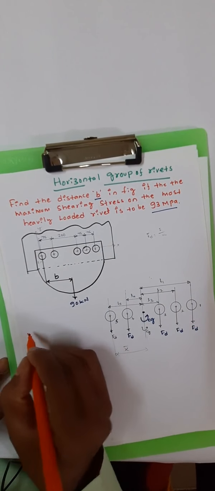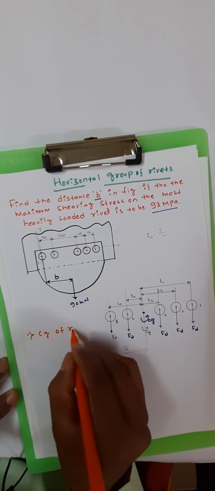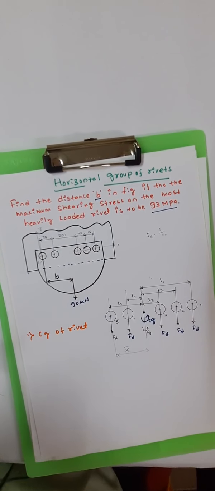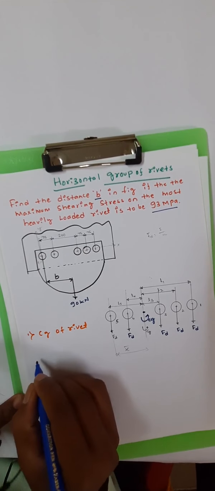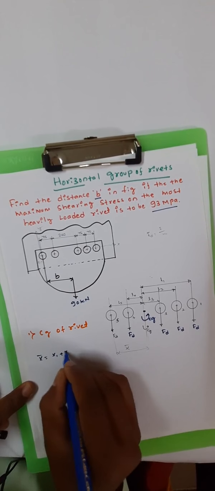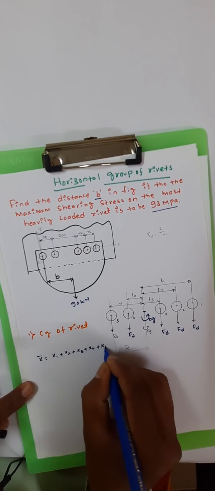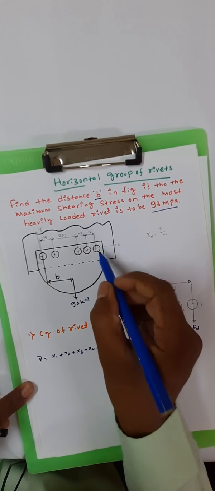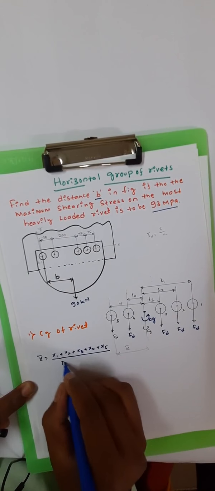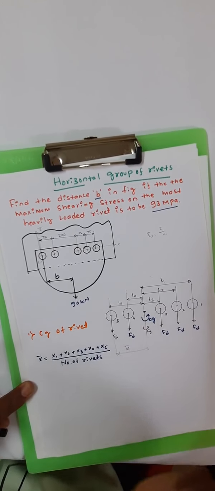The first parameter is the CG of the rivets. How to find that X bar? X bar is equal to X1 plus X2 plus X3 plus X4 plus X5, because this joint has 5 rivets, divided by the number of rivets.